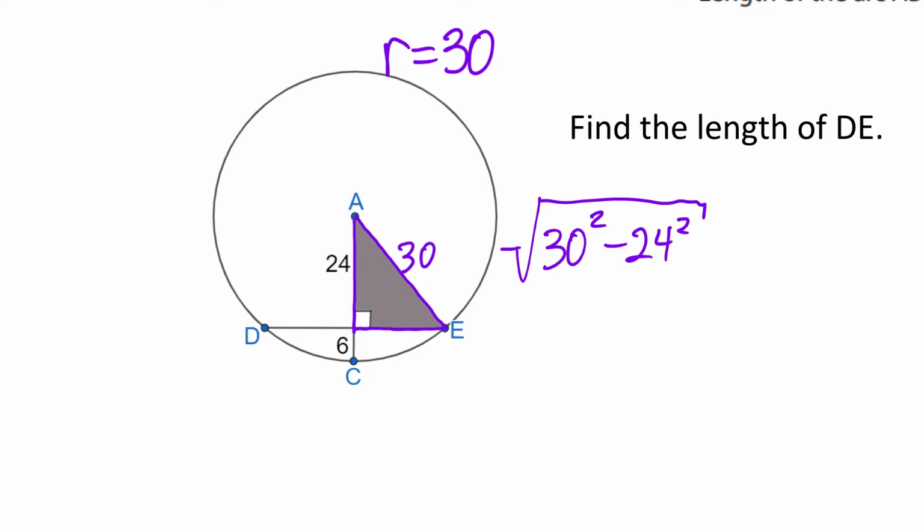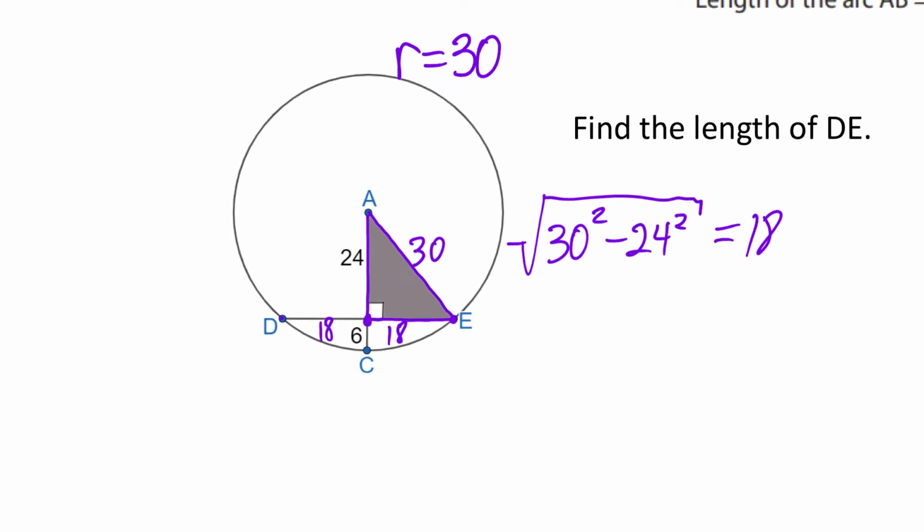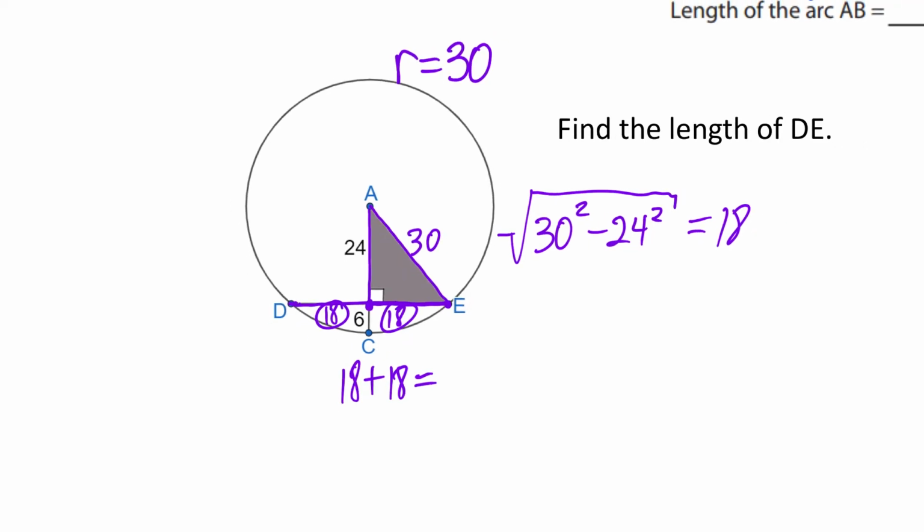Is it straight up 18? Yes, sir. Okay. So what that means is it's 18 from here to E. So it's going to be 18 from here to here also. So when I'm looking for DE, I'm just going to add those two up, 18 and 18. That's going to give you 36.